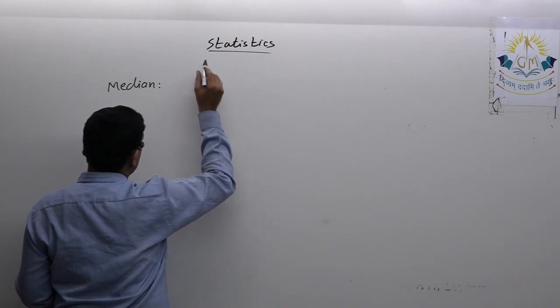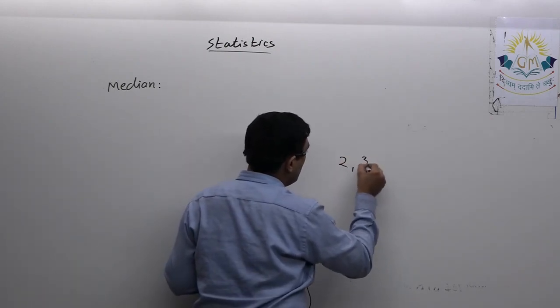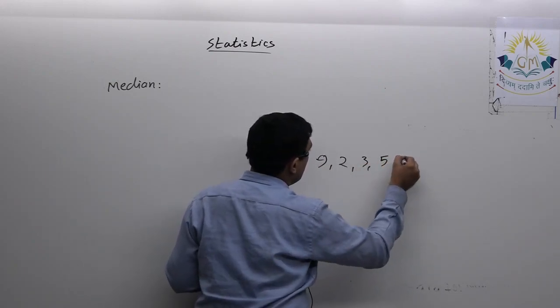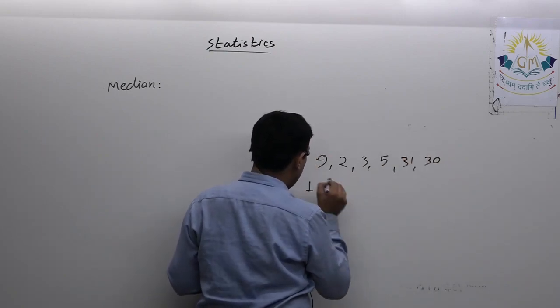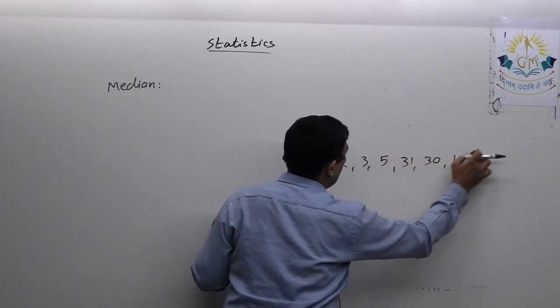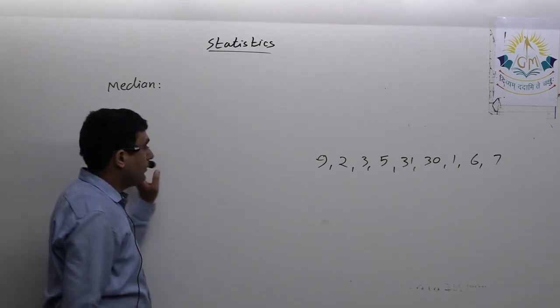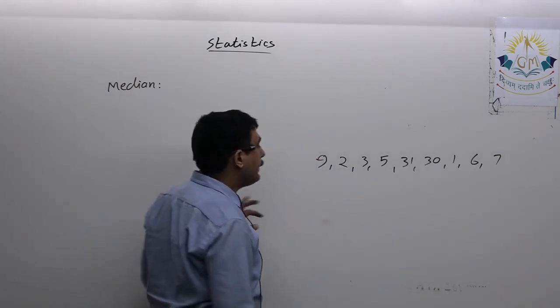So we'll write median, suppose the number of observations is odd: 2, 3, 5, 9, 31, 30, 1, 6 and 7. Suppose these are the observations. First of all we have to write them in increasing or decreasing order.